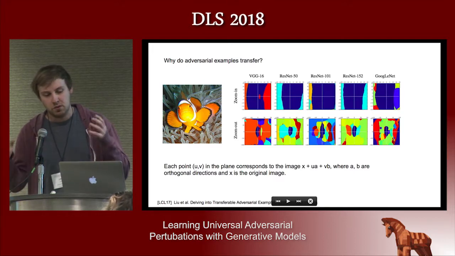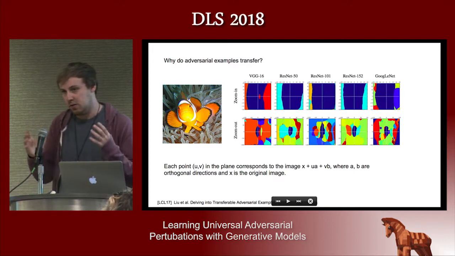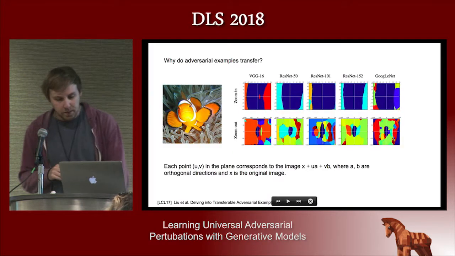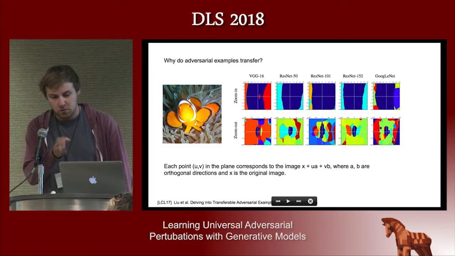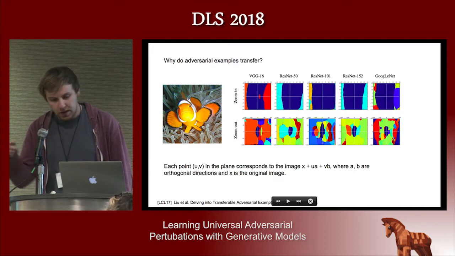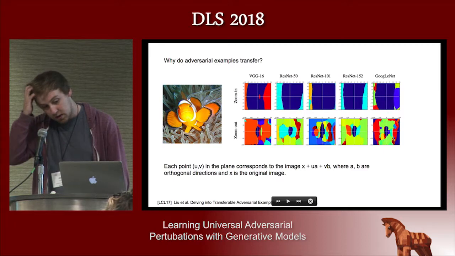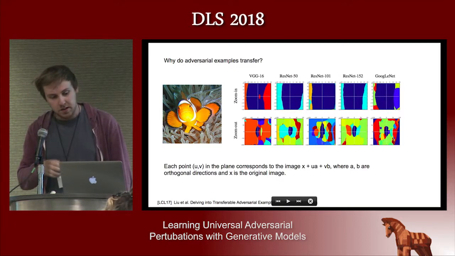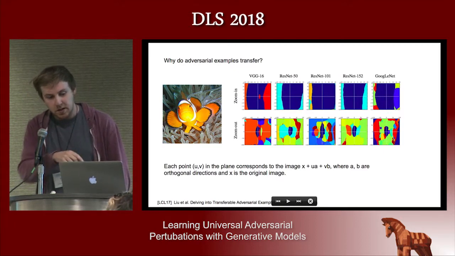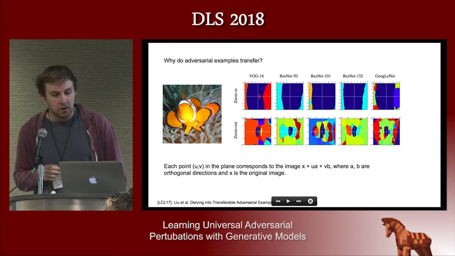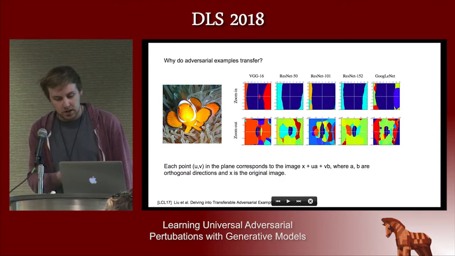The dark blue class in the center represents the actual true class of this fish. You can see that they're all quite similar. But if you take a few steps in any direction away from the gradient direction, you'll soon get a misclassification, and this misclassification would be replicated if you then transferred it to any of these other image classifiers.